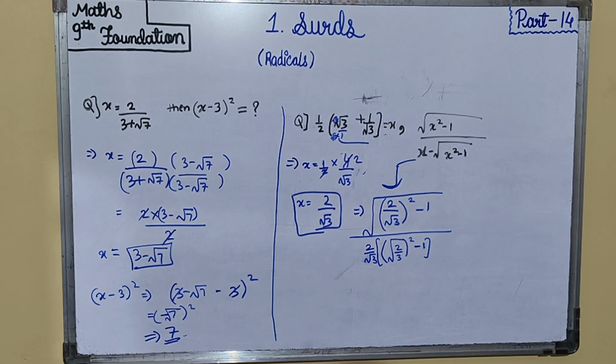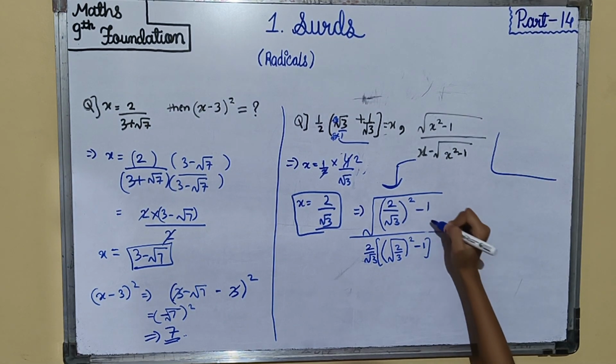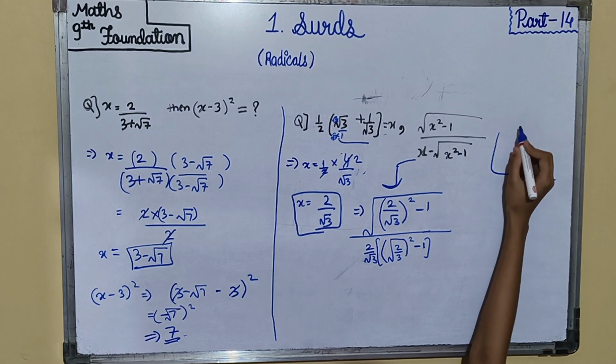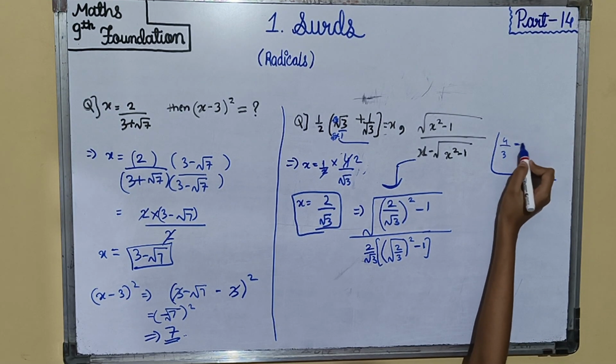Over here first we'll solve this bracket. 2 upon root 3's whole square will be 4 upon 3 minus 1.